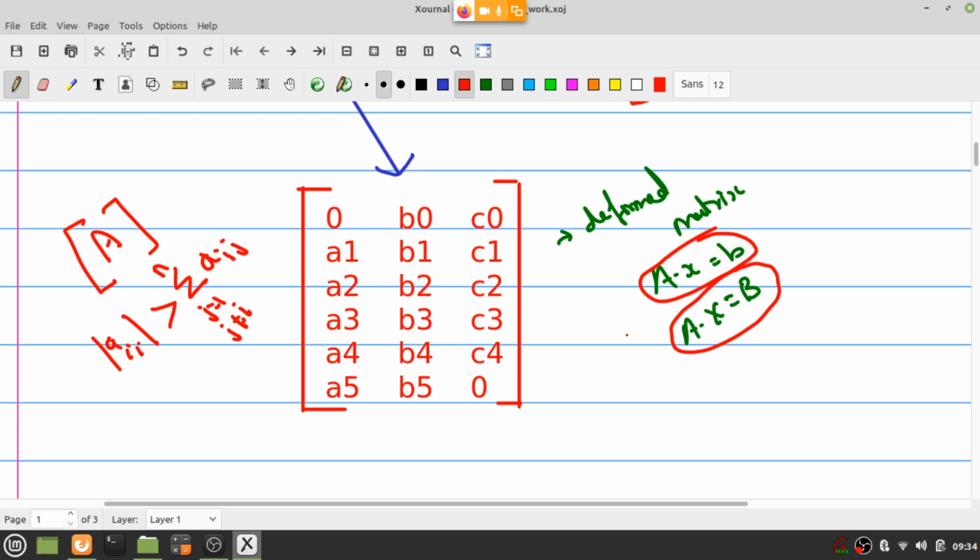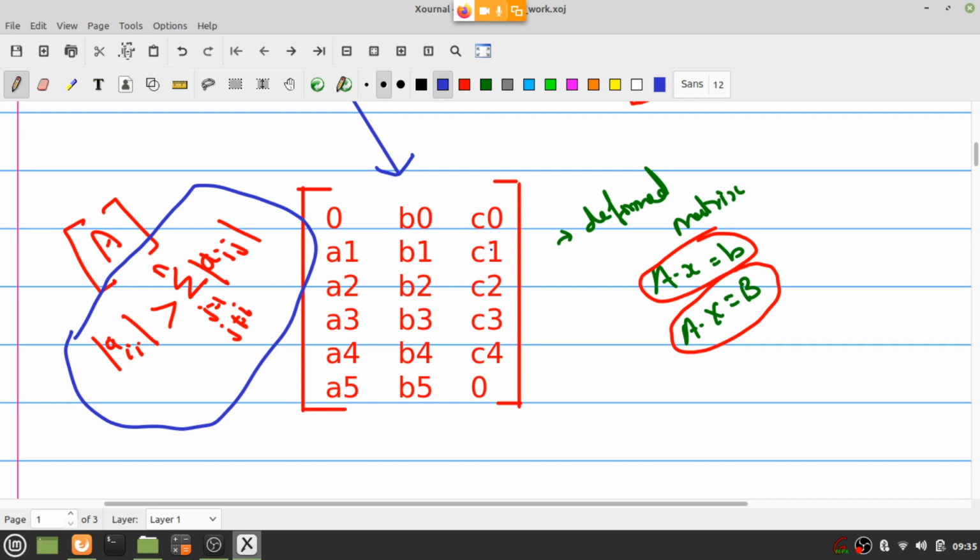You got it? Are you able to follow what I'm saying? This condition is called a diagonally dominant matrix. Most of the cases you will encounter will be a diagonally dominant matrix.